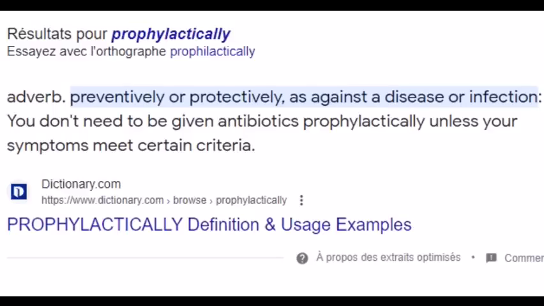And the other difficult word I just used in connection with the Biedermann chart of coercion was prophylactically, which means preventively or protectively, as against a disease or infection. You don't need to be given antibiotics prophylactically unless your symptoms meet certain criteria.